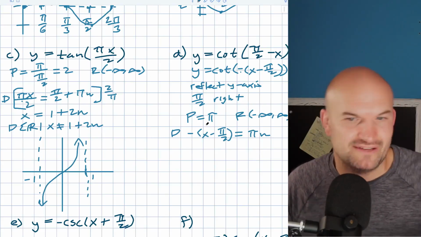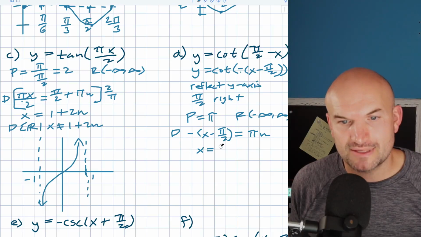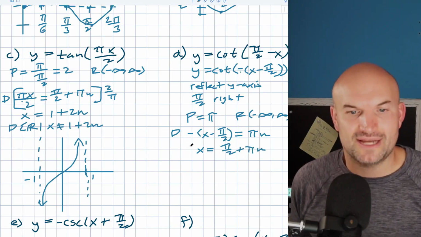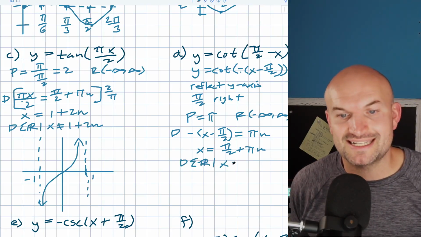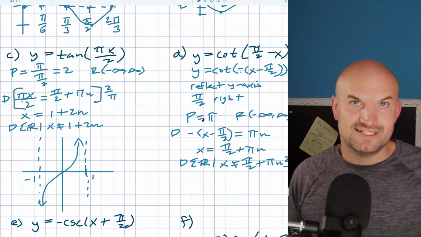When you divide by negative, it doesn't really change anything. So now I'm just going to have x equal to pi halves plus pi n. So my domain is going to be all real numbers such that x cannot equal pi halves plus pi n, which is actually the original domain of tangent.